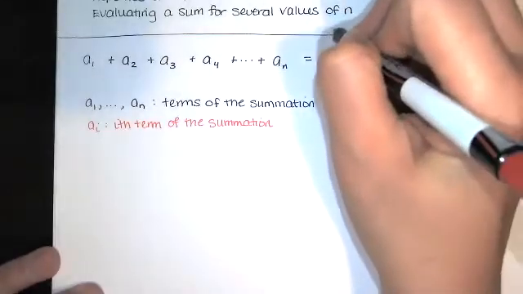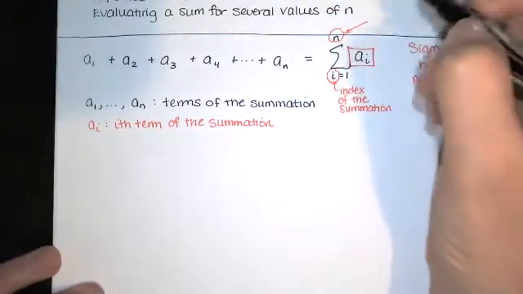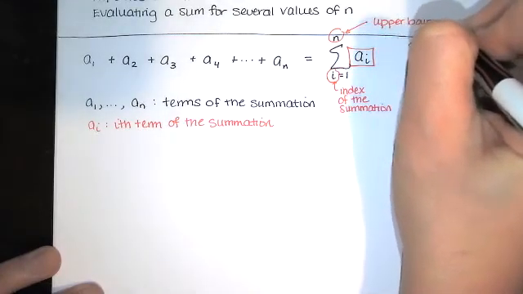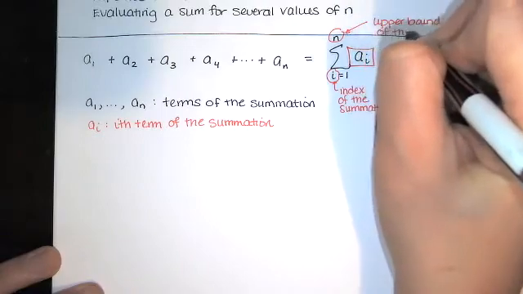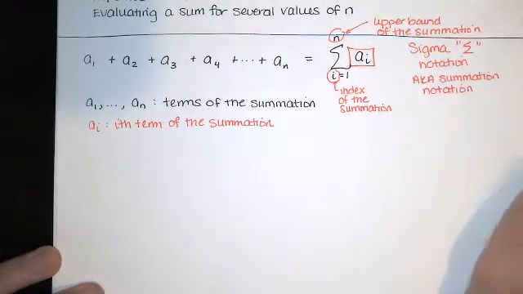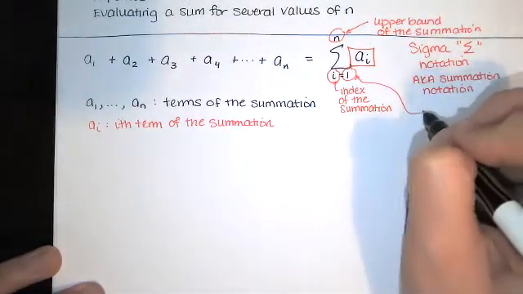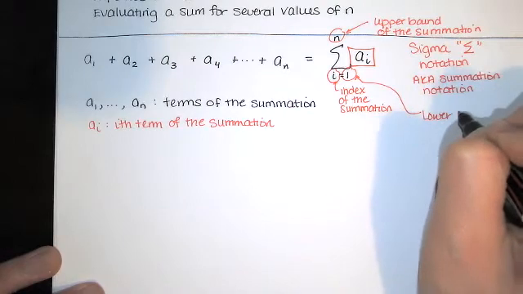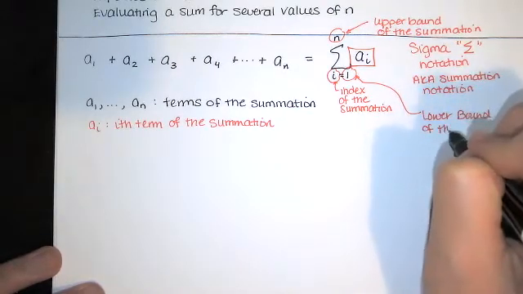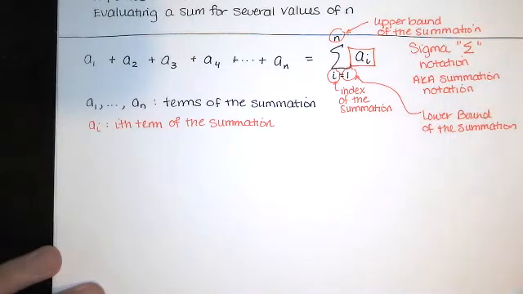And this number here is called the upper bound of the summation. It's above the sigma. And this number here at the bottom is called the lower bound of the summation. A lot of labels on that little picture.